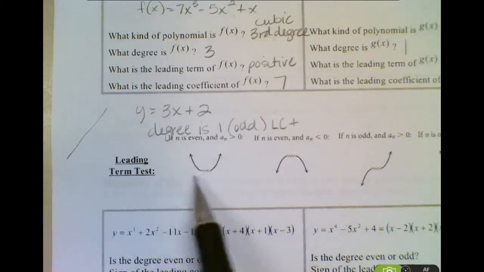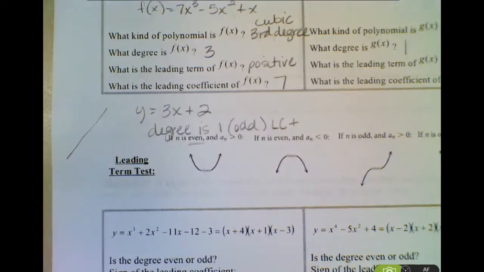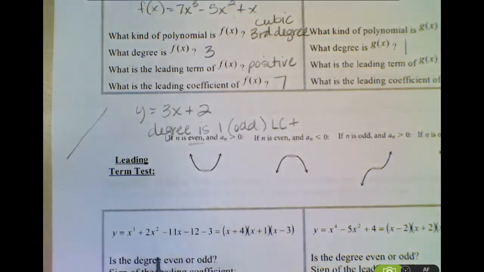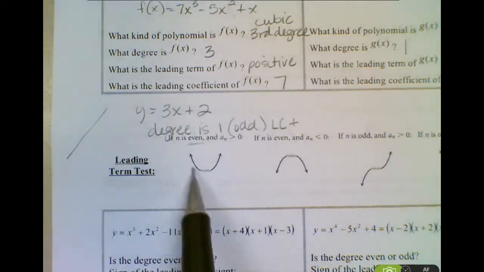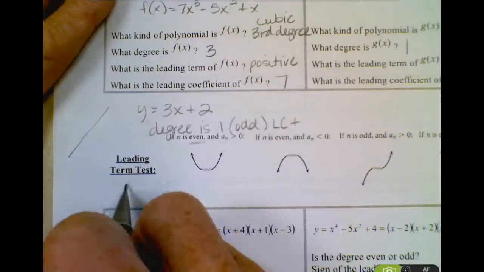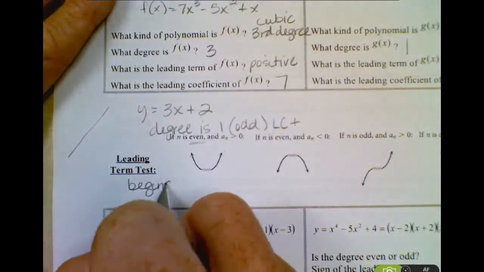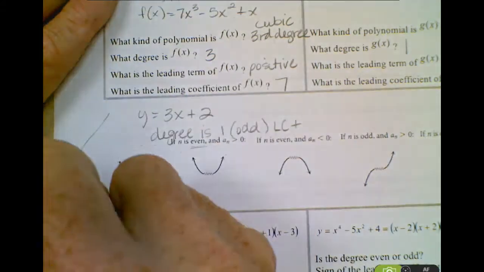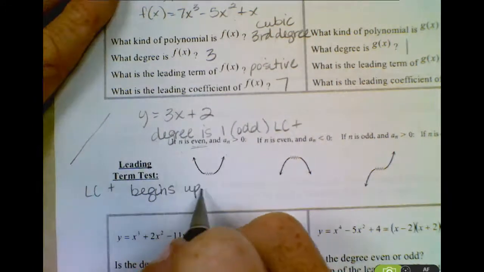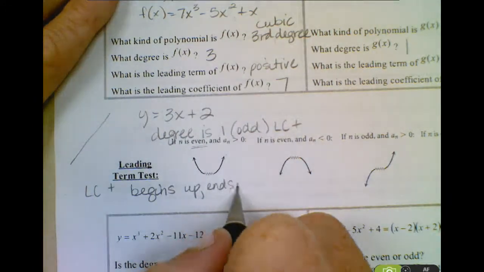If we're dealing with an even degree polynomial, x squared, x to the 4th, x to the 50th, anything that's an even number, and the leading coefficient is larger than 0, meaning it's not negative, it's going to face upward. It's going to begin up and end up. If the leading coefficient is positive, it begins up and ends up.